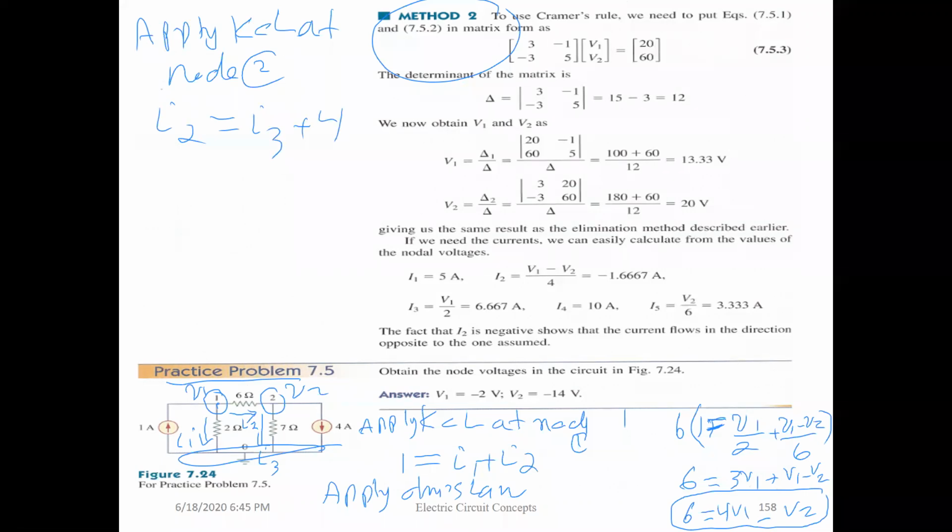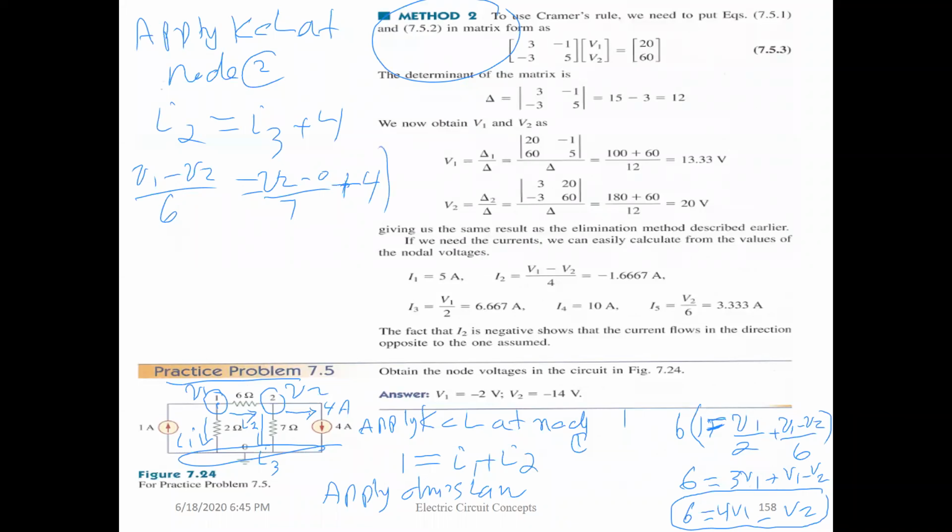Okay, so 4 is leaving, that's the 4 amps. Now apply Ohm's law. So I2, we have V1 minus V2. We already had it before here. Divide by 6. Now I3 is going from node 2, which is V2, to the ground, minus 0. Again, you don't have to write it down. Over 7 and plus 4.